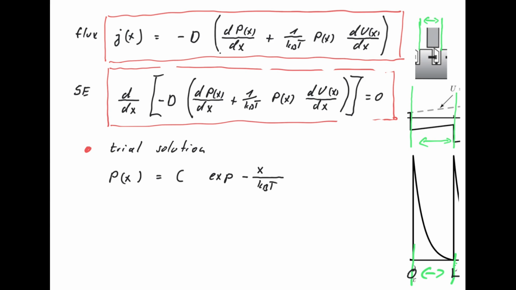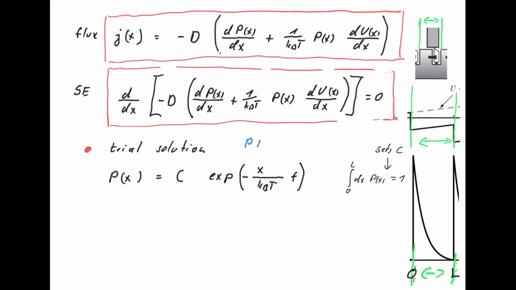Hence, we have the probability distribution P of x equal to e to the minus x divided by kBT times the force, times some constant factor which takes care of the normalization of the probability distribution. Now, before we go on, we also should look at additional requirements.